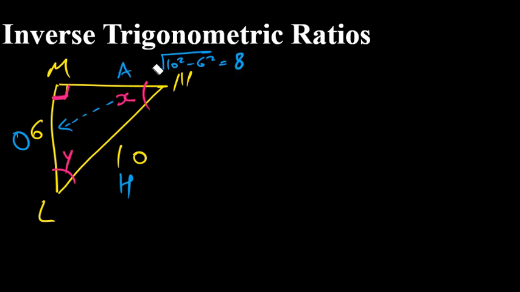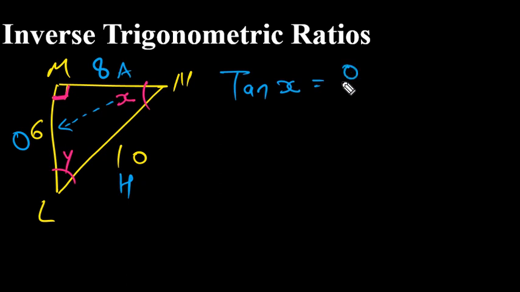So let me write clearly here using the Pythagorean theorem. This is 8. Good. Now which formula will I apply? I can apply any formula. Which one do you want me to use here? Let's say tan. So tan x is equal to opposite over adjacent, which will give you 6 over 8.